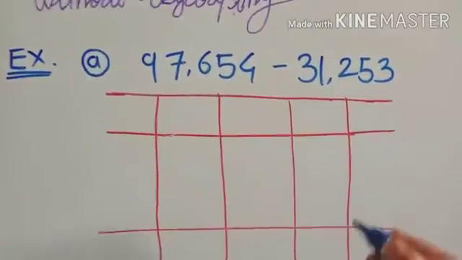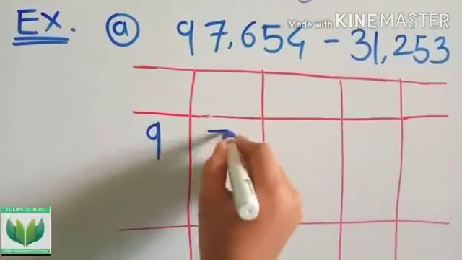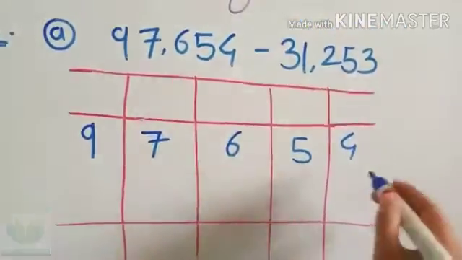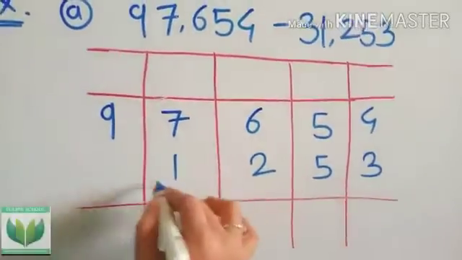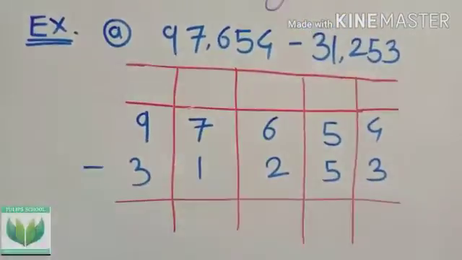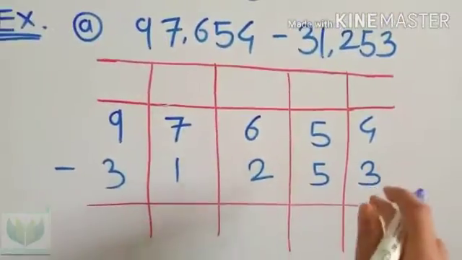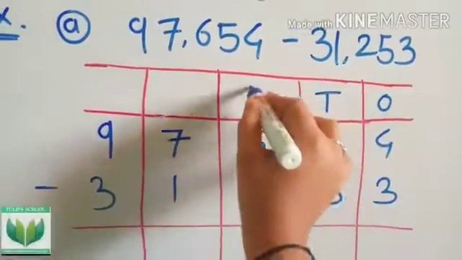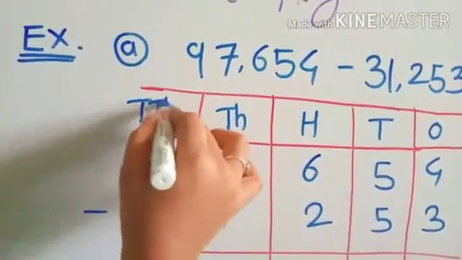First we write the first number from the front side, 654, and the back side we write 3, 5, 2, 1, 3. Now the minus sign. Now the place of each digit in a 5-digit number: ones, tens, hundreds, thousands, ten thousands.